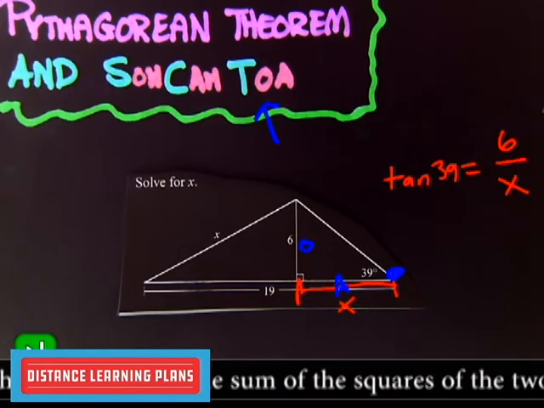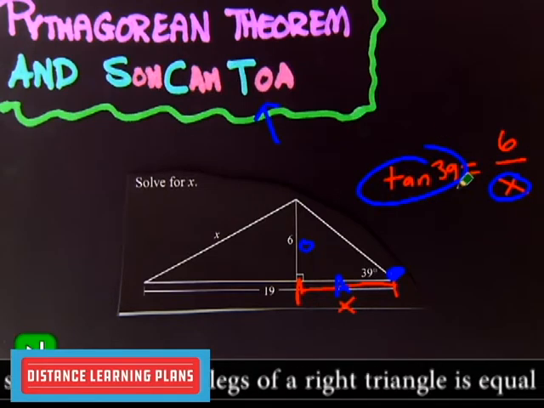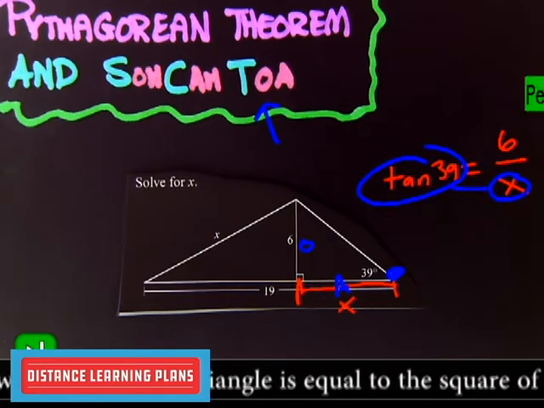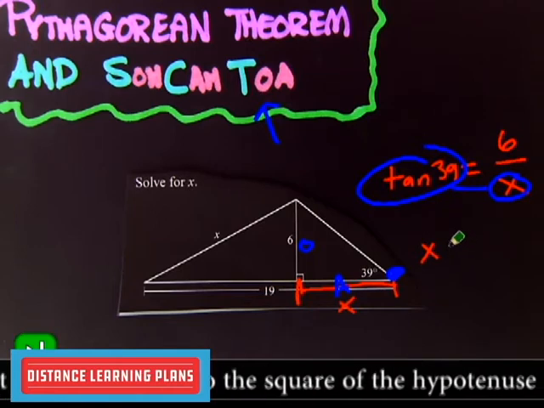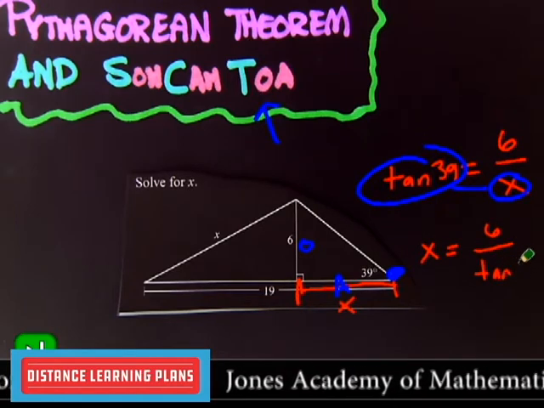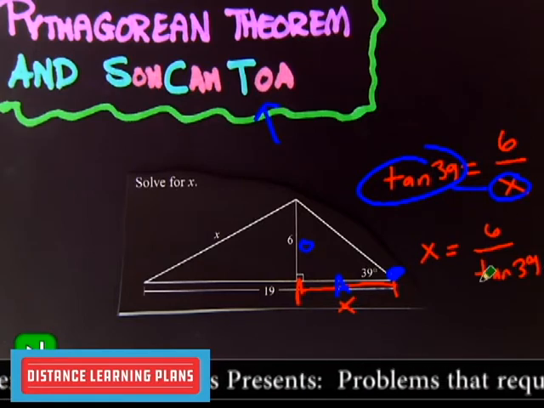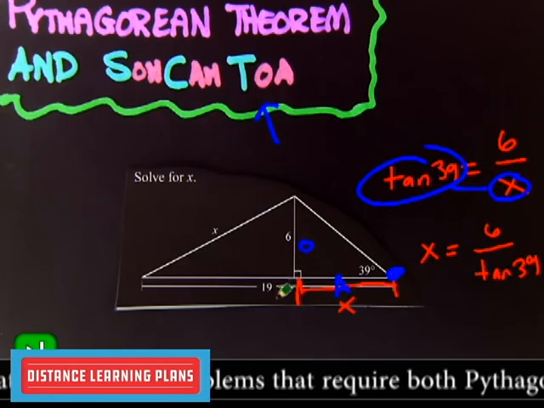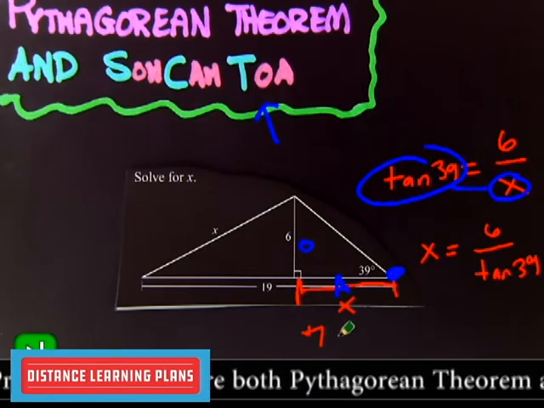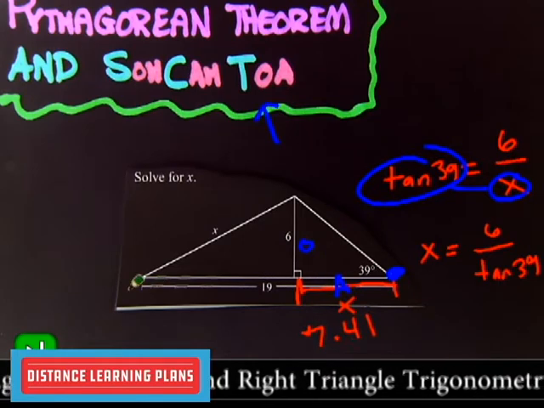And again, you've got one of those trig functions with x on bottom. So that means that x and that trig function swap spots. So x equals 6 over tangent 39. And then this is what I'm going to put into my calculator. So what that means is this is 7.41. Remember, the whole darn thing down here is 19.